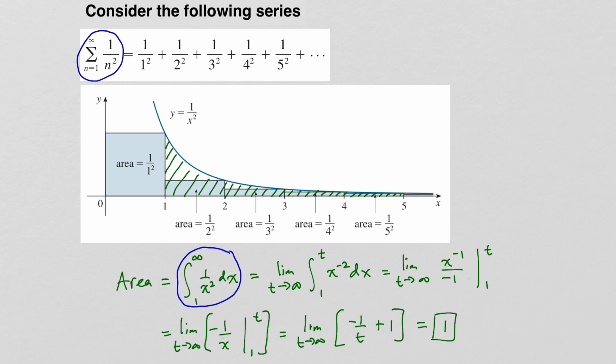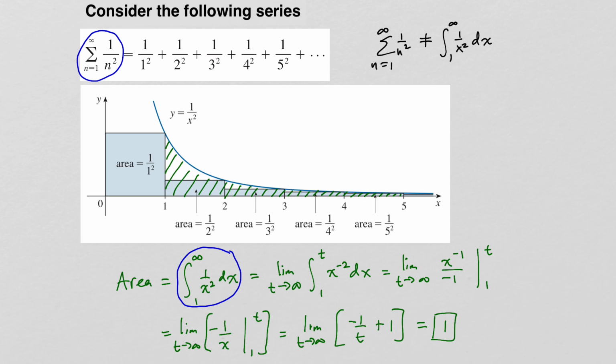Now, I want to be very careful here. They are not equal to the same value. So the sum of the series is not equal to the integral of the function, but they both converge. And we will find that they either both converge or they both diverge.